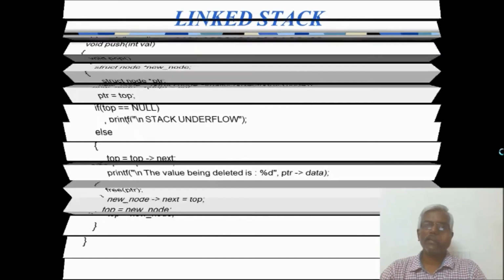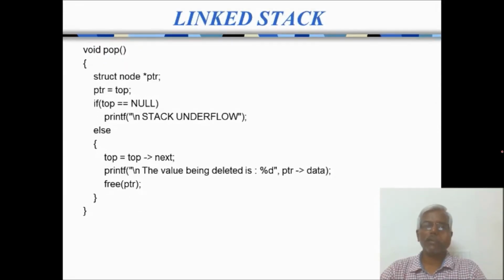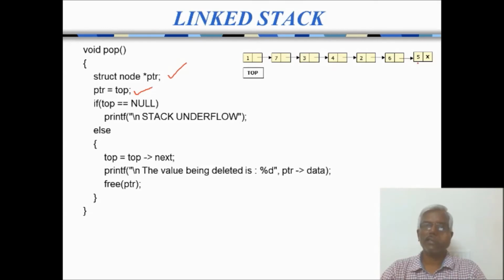Now we go for the linked stack pop operation. This is our existing stack. We are creating a variable called pointer, and this pointer is going to be pointing to top. So hereafter this is the pointer. First we have to check the null condition, because if there is no node in this stack we cannot perform the pop operation.